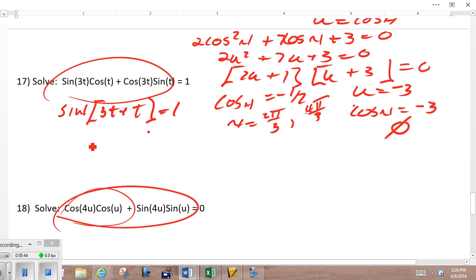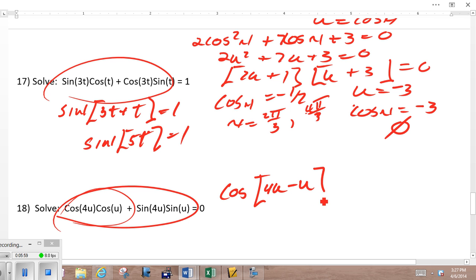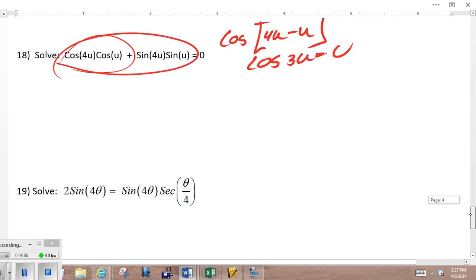So that should resolve pretty easily. I'll let you do that. And this one will be of the same magnitude down here. Of course, this is what? This is cosine of, should be recognized as 4u minus u. So that's the cosine of 3u equals 0. And that should be resolved pretty straightforwardly.